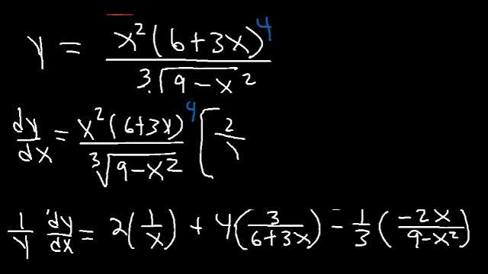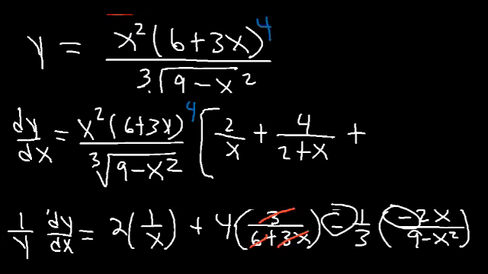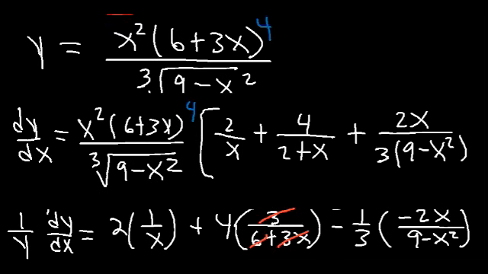So that's 2 over x plus, I guess we can cancel 3. We could divide each of these terms by 3. So that's 1 over (2 plus x). And if you multiply the top by 4, it's going to be 4 over (2 plus x). And then plus, the two negative signs will cancel. So plus 2x divided by 3 times (9 minus x squared). So this is the final answer.